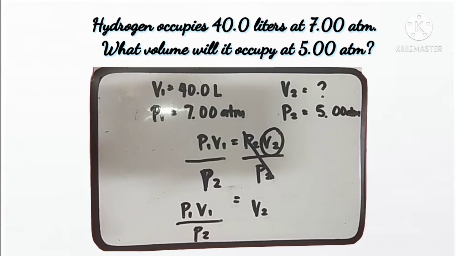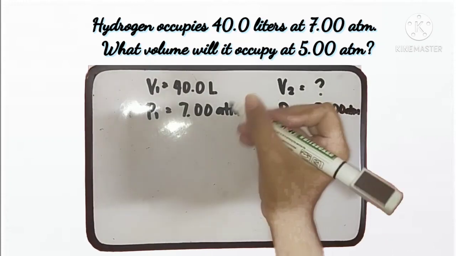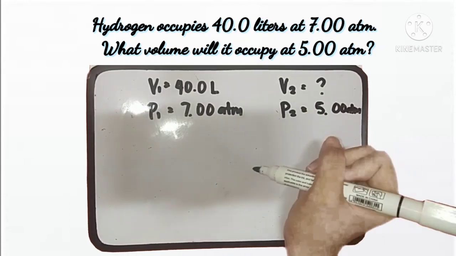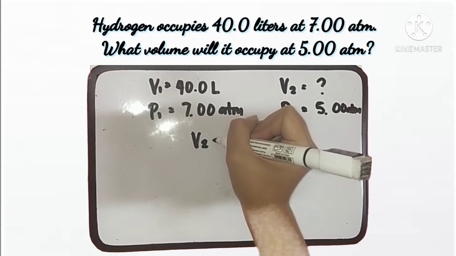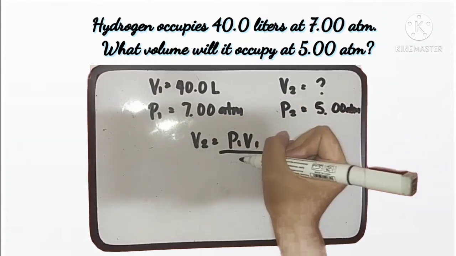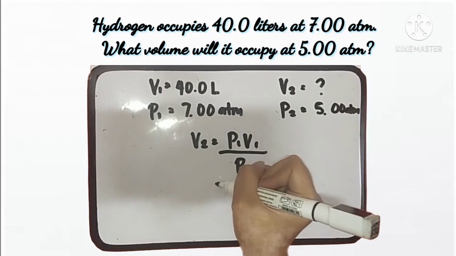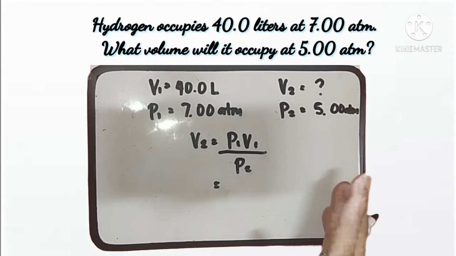Okay, remember the derived formula before we proceed to the next step. Again, our derived formula from the first step is that V2 is equal to P1 times V1 over P2. Now, let us substitute all the given in our derived formula.